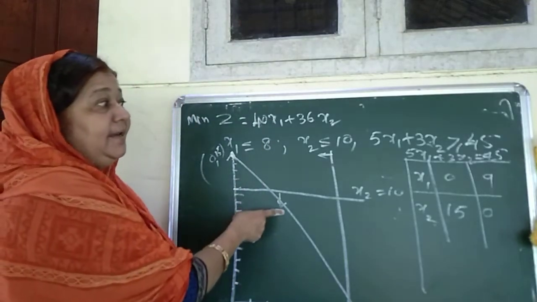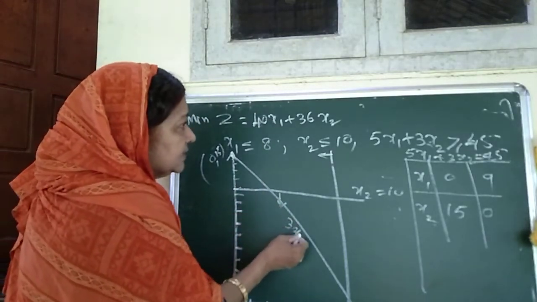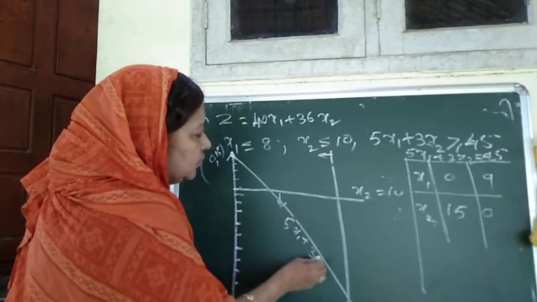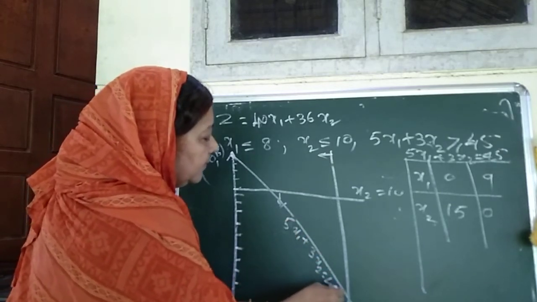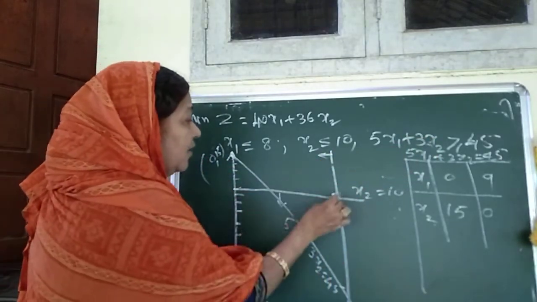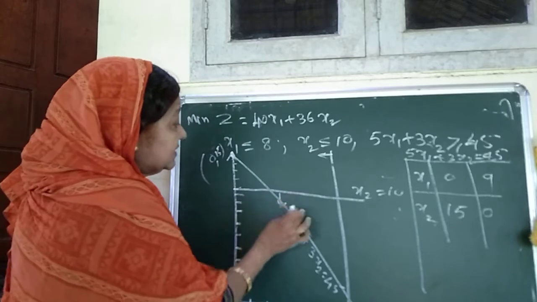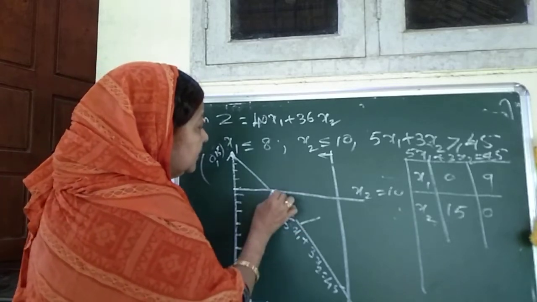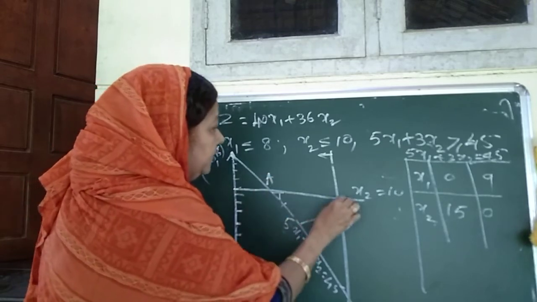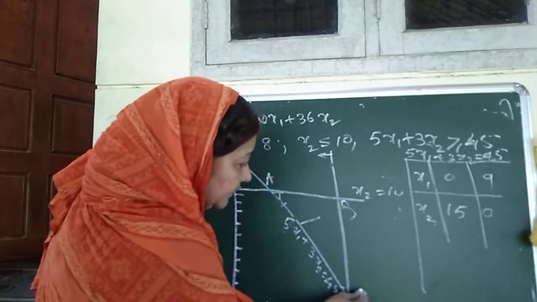This is the line 5x1 plus 3x2 equal to 45. The boundary is greater than or equal to 45. So our feasible region is restricted to this area only. So it is the region bounded by, say, A, B and C.